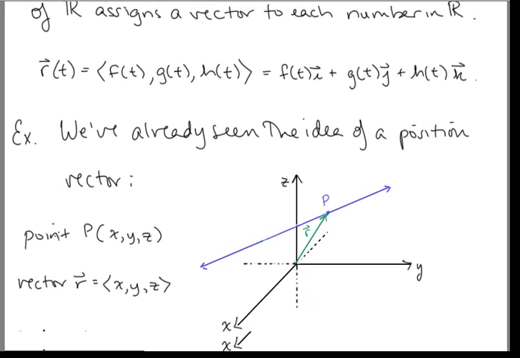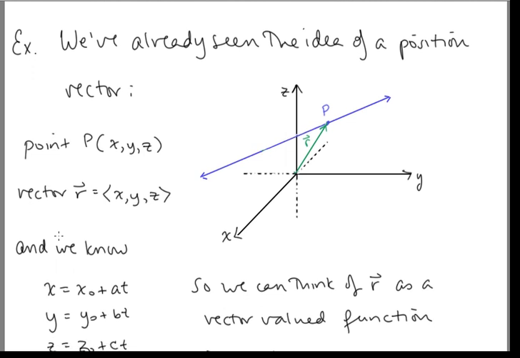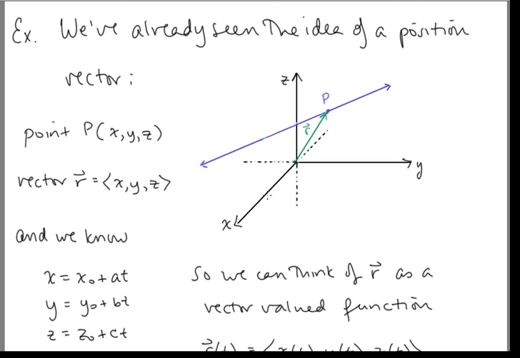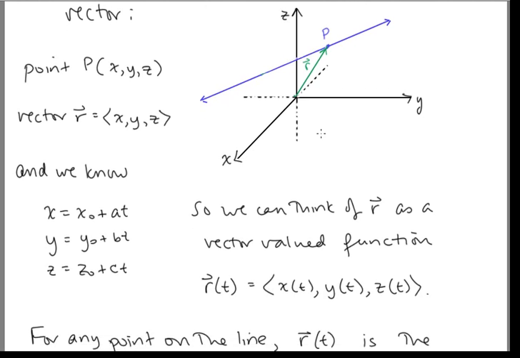Now we've already seen the idea of a position vector. When we were talking about the equation of a line, we saw a position vector r that went from the origin to a point on the line. Let's take a look at r as a vector-valued function. In component notation, r looks like ⟨x, y, z⟩, where the point P(x, y, z) is a point on the line.